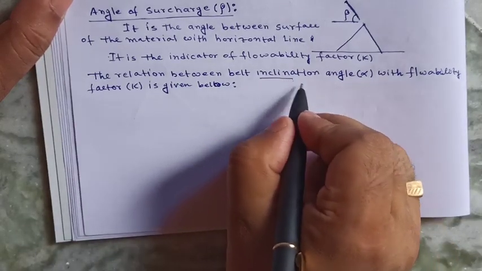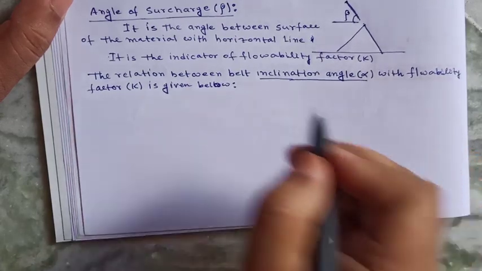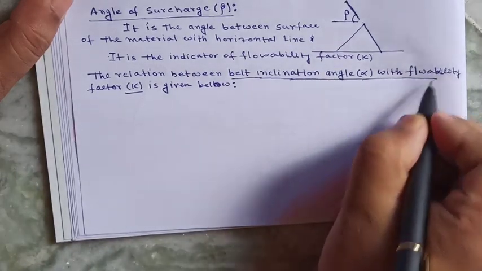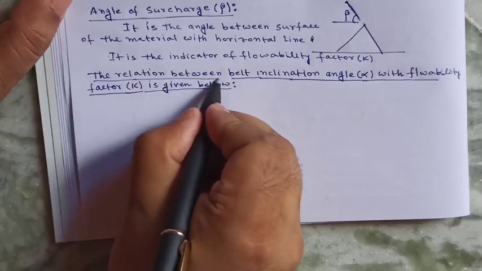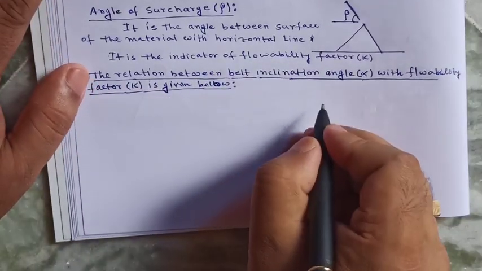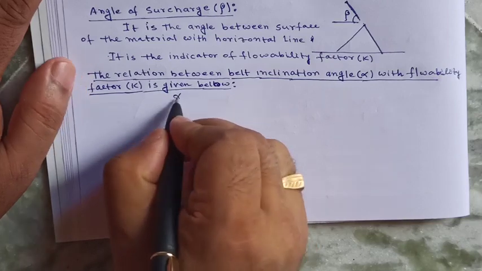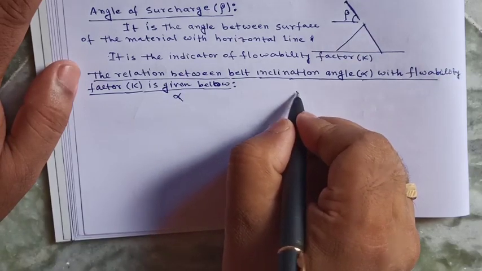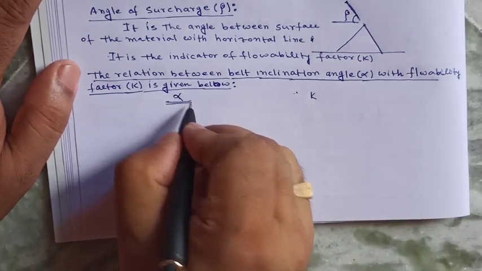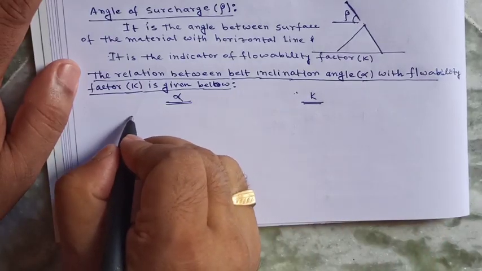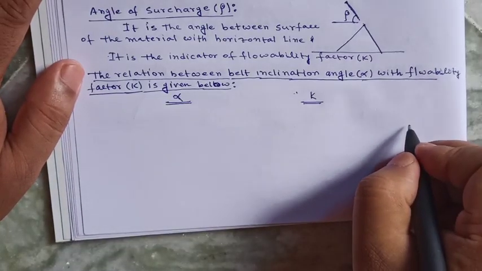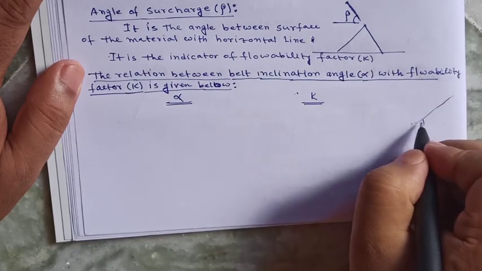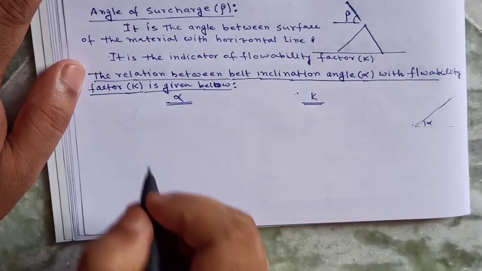Considering this is alpha, the belt inclination angle, and this is K. Consider the belt is moving in this direction, this angle is the belt inclination angle alpha.